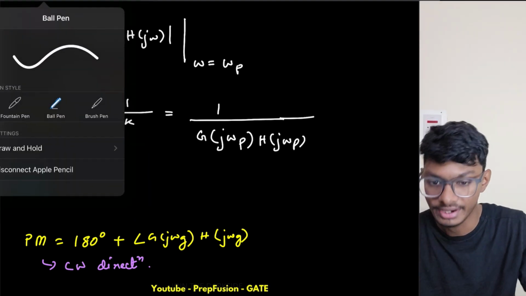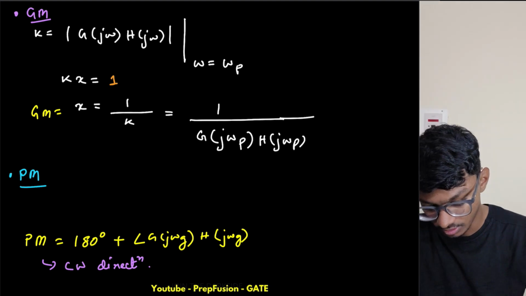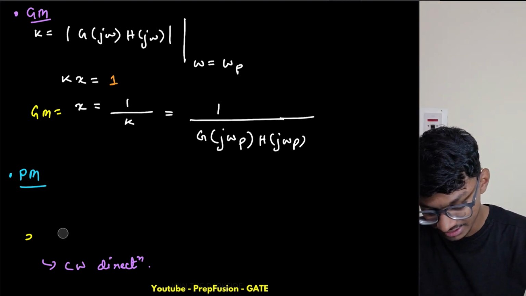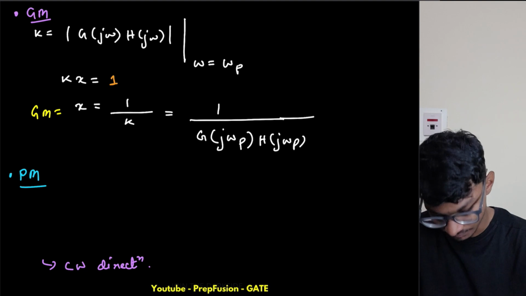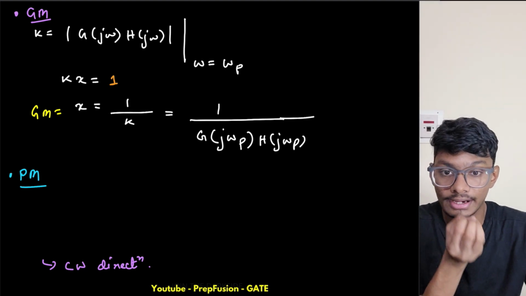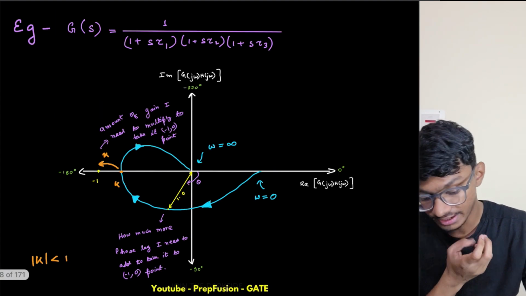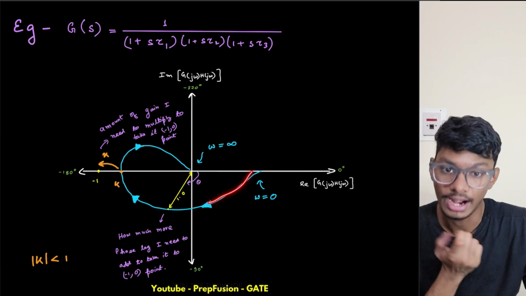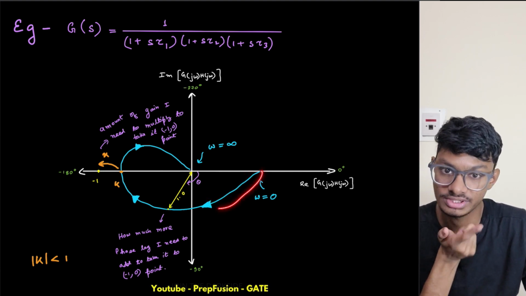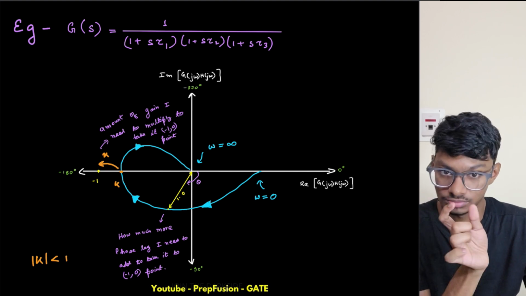Let's say gamma is the amount I need to add to this angle. So basically I am adding some phase lag with it. How do I add phase lag? We subtract the angle if we are going in the clockwise direction, and if we are going in the anti-clockwise direction, we add the angle.